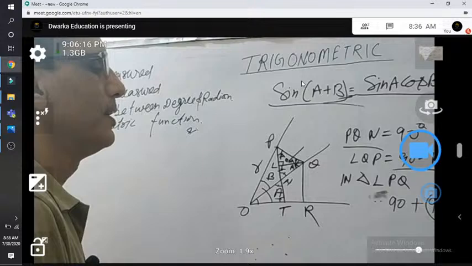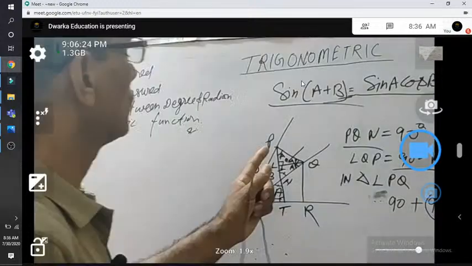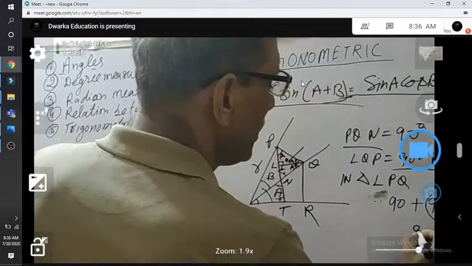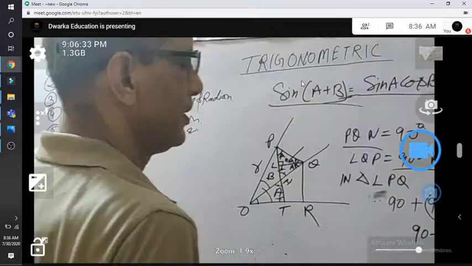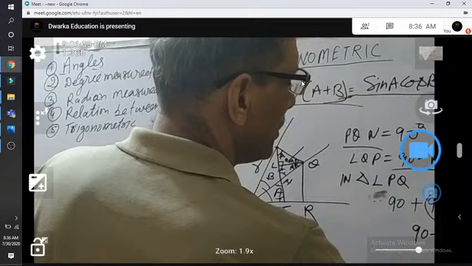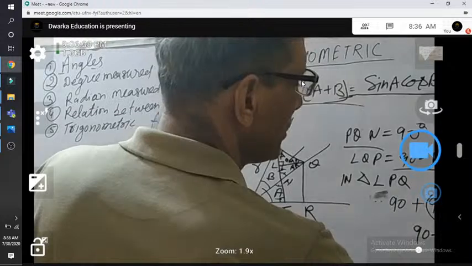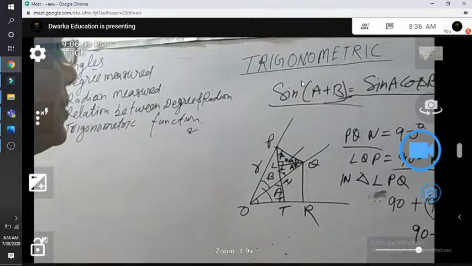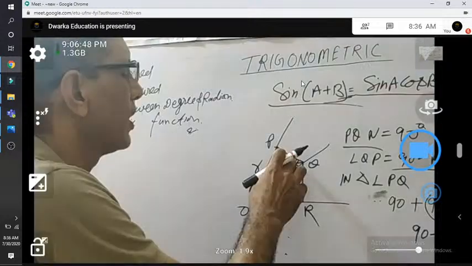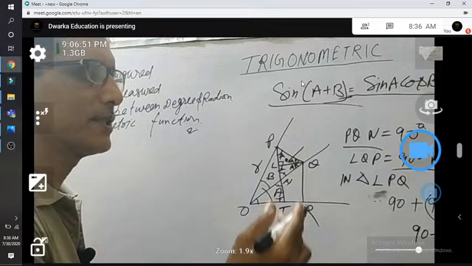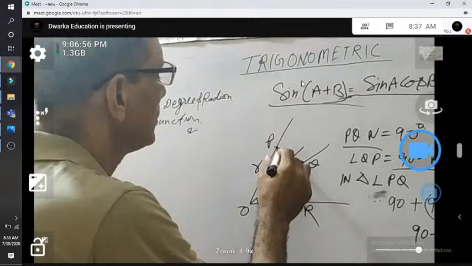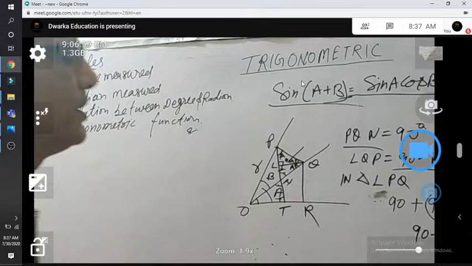Then this angle is equal to A. This is equal to 90 minus A, which is equal to 180 degree minus 90, which is equal to angle A. This is for our example, this is for understanding. 90 plus 90 minus A is equal to 180. Then this angle is A.